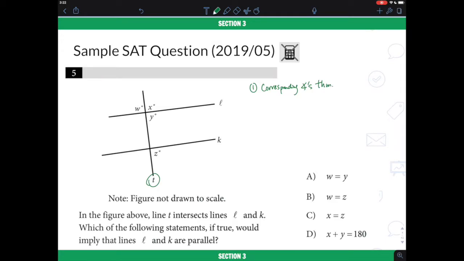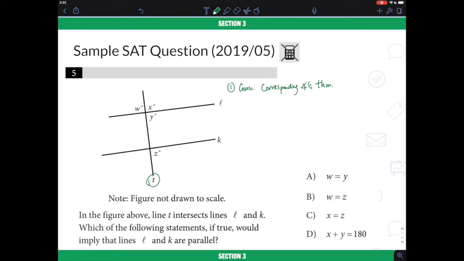Since we are not using an existing pair of parallel lines to prove the angles being the same, to be technically correct, we are actually using the converse of the corresponding angles theorem, meaning that if the corresponding angles are the same, then the lines will be parallel. That's the converse.